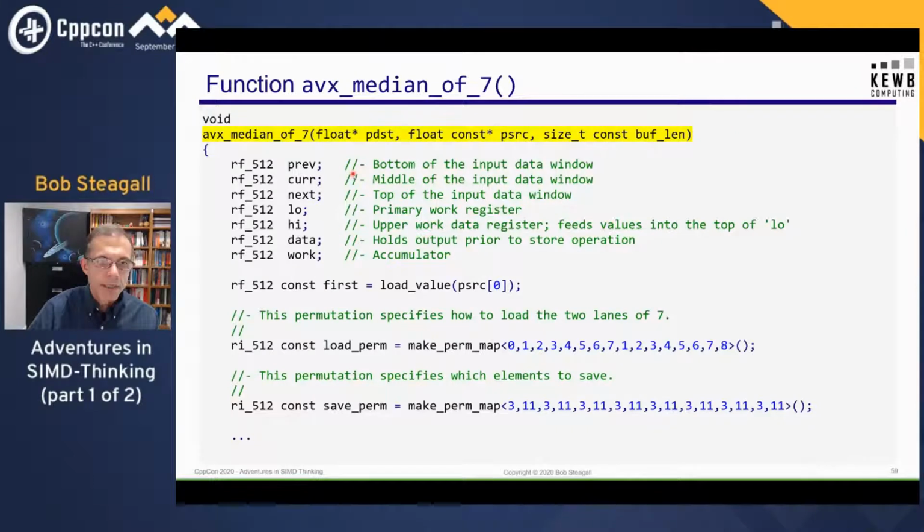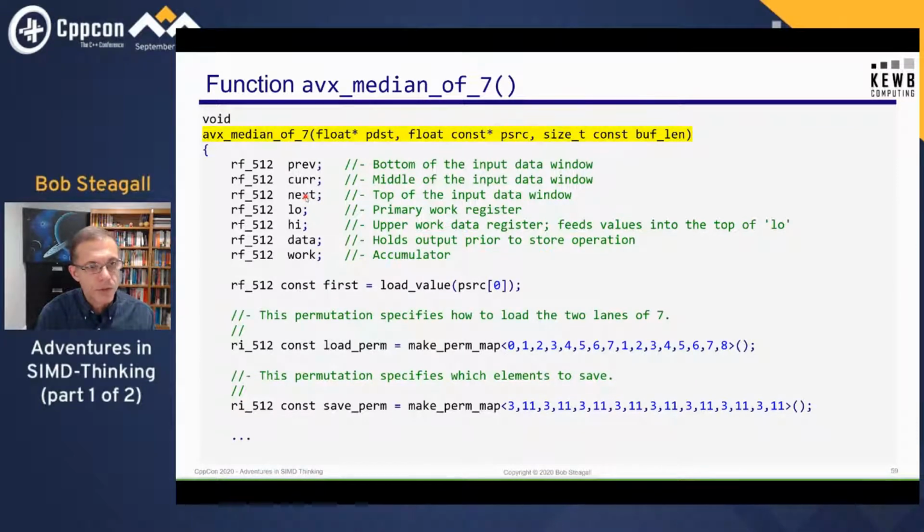And as their names might suggest, the current register is the one that contains most of the data that I'm currently processing. The previous register contains the data that came before, and the next register contains the data that came after. Now you may be wondering, why do I need to keep the registers on each side? Well, you'll see when we get to the pictures that when you're starting the processing, you have boundary conditions that you have to worry about.